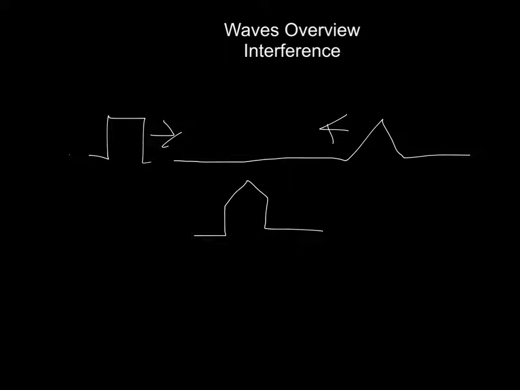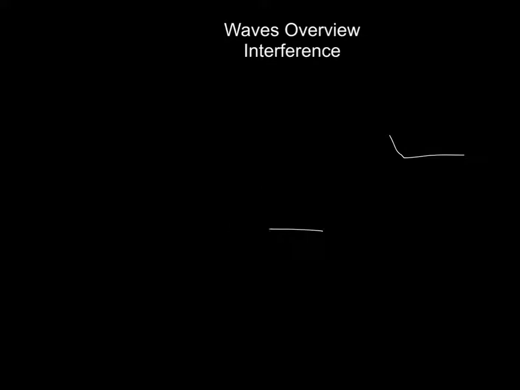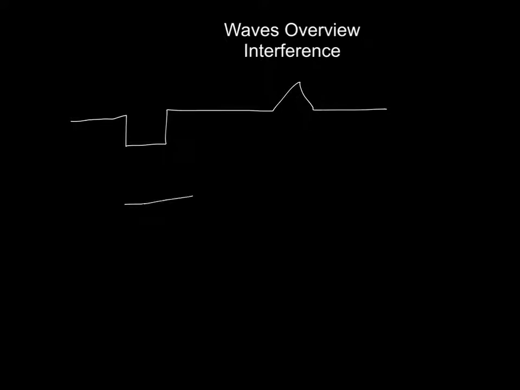Now, you can also look at what's going to happen when we have two things that are not facing the same direction. So that was two positive, but what if we erase that and make it two negative? Or a negative and a positive. So we have a negative square, a positive triangle. When they meet together, we'll end up with a negative square with a triangle kind of bit out of it.